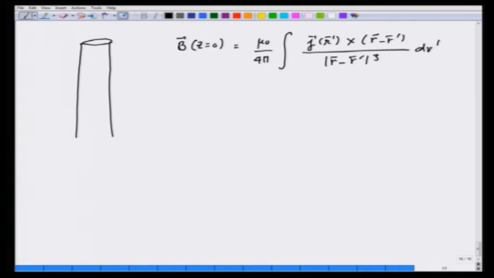Let us see what the current density is. The current flows only on the surface, and therefore, I can write the current density j of r prime, which is in the phi prime direction. So, this is going to be k delta of s prime minus R, I will use cylindrical coordinates, where s is the cylindrical radial direction, and this is going in the phi prime direction.